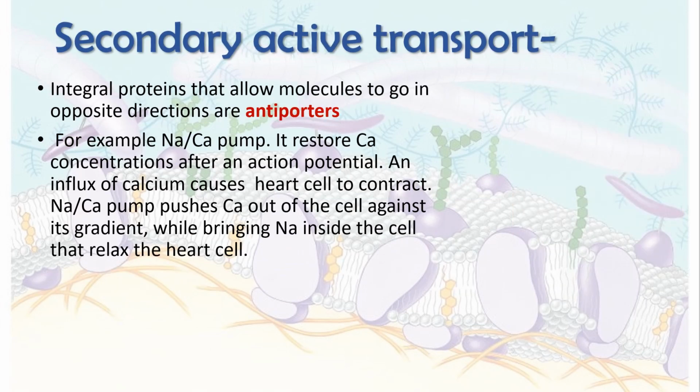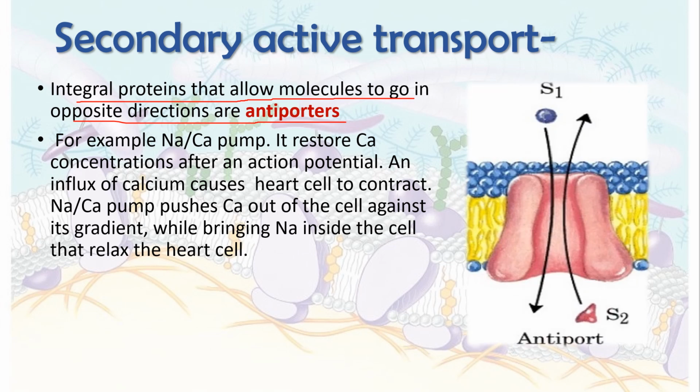Now, the secondary active transport. Integral proteins that allow molecules to go in opposite directions are known as antiporters, and this type of transport is known as antiport transport of molecules. As we see, in Symport the two molecules transport in one direction, but in Antiport the two molecules move in opposite directions.